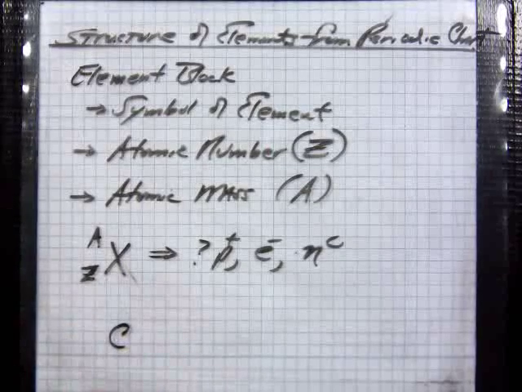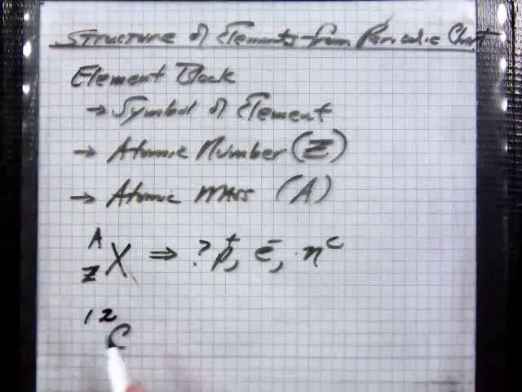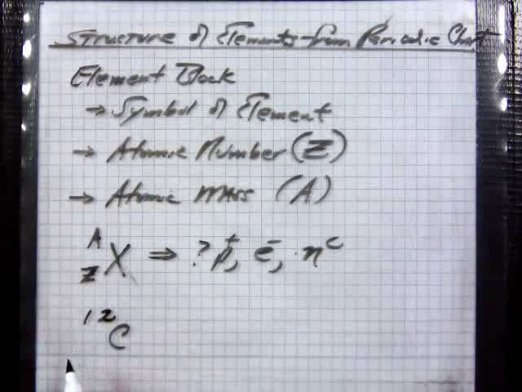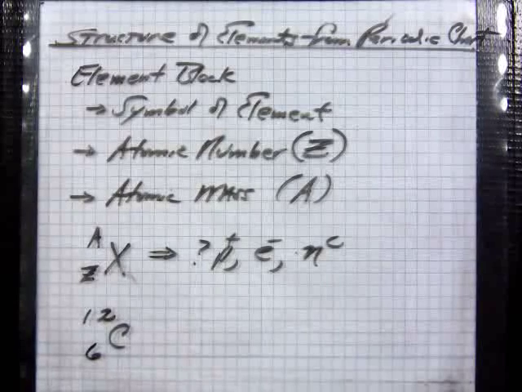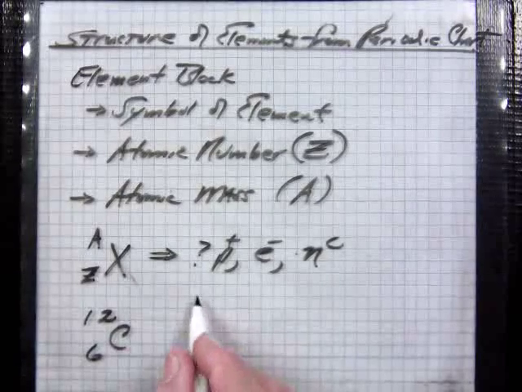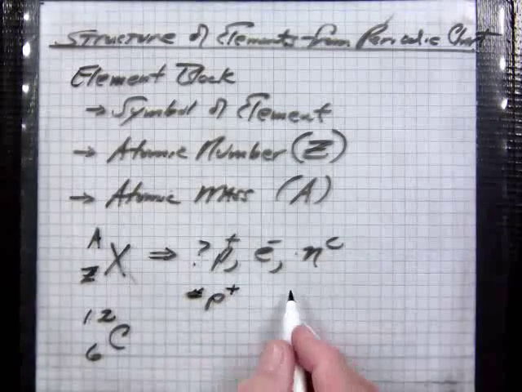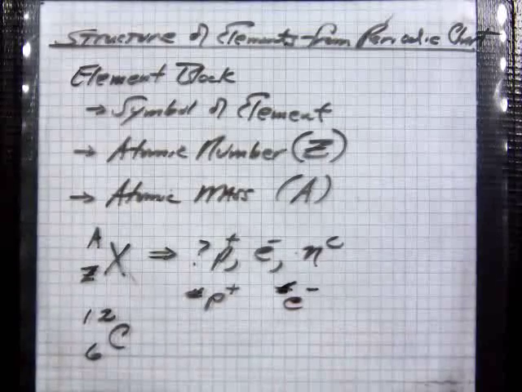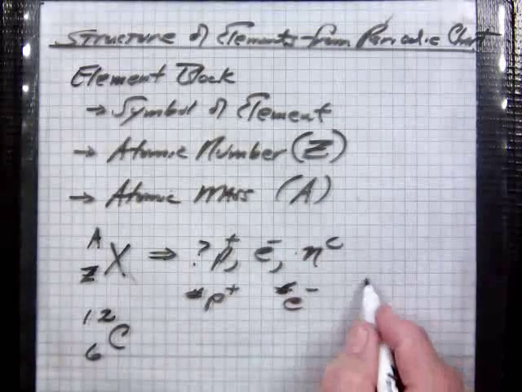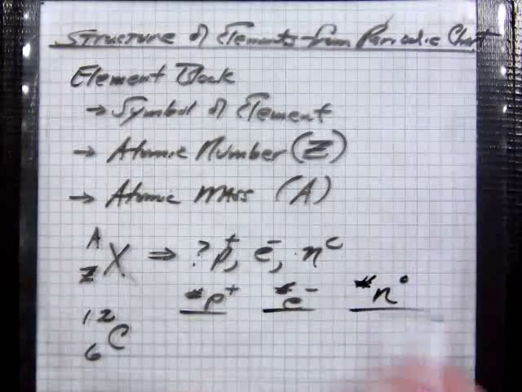The atomic mass, rounded to the nearest whole number, is 12, and the atomic number is 6. So what is the number of protons in the nucleus? What is the number of electrons? I do it this way because it's just a logical progression. And what is the number of neutrons in that nucleus?